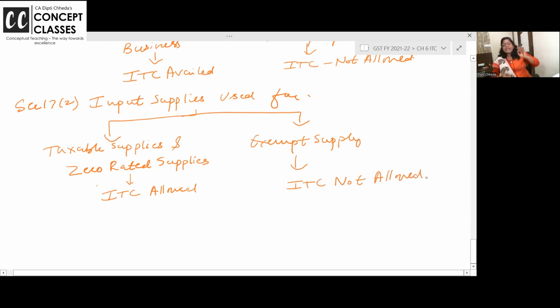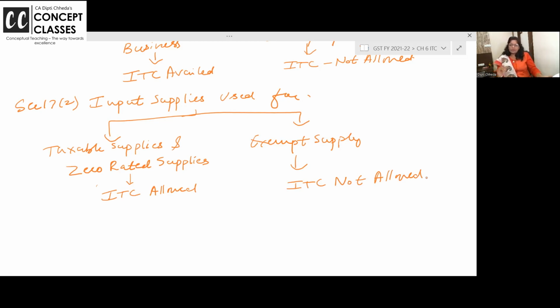You don't have to make the flowchart in the exam. They'll give you a case and you have to solve it. When I teach a concept, I use flowcharts for mind mapping. Then we read from the material, and when we solve the problems, we apply. If the inputs are used for taxable and zero-rated supplies, even if the output is nil, you can avail the ITC.